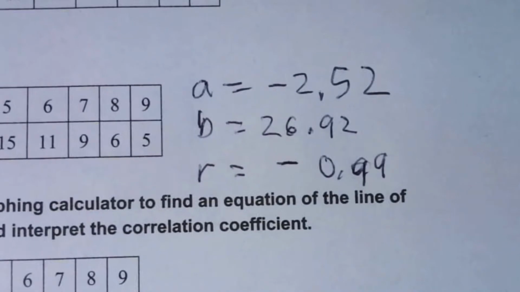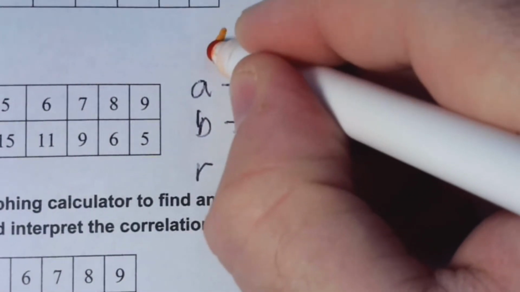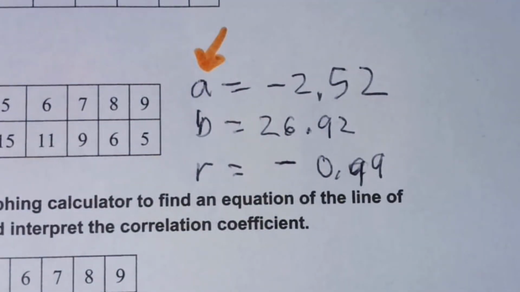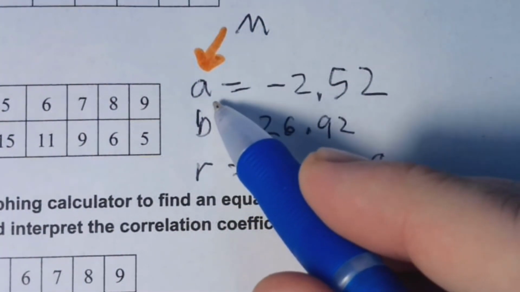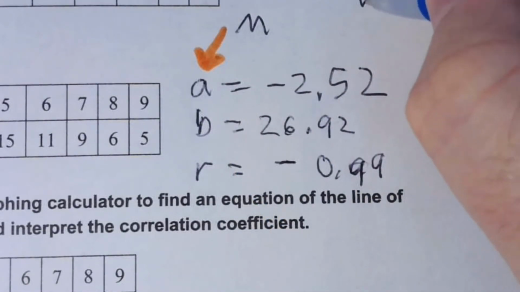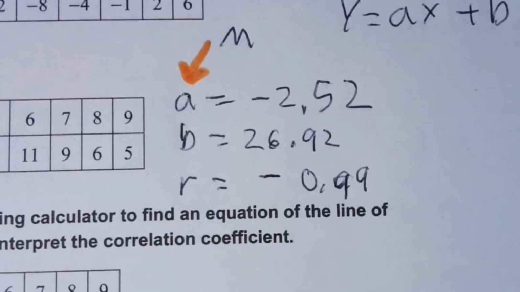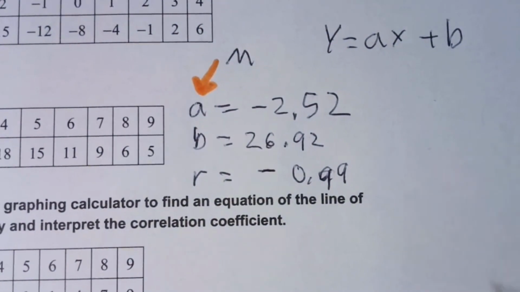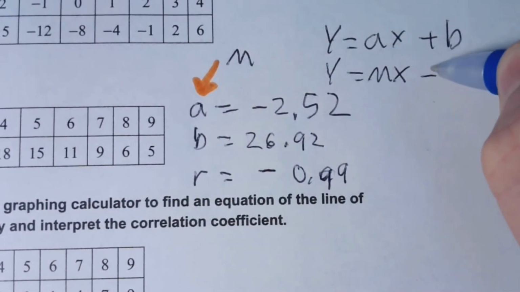So this guy right here, in algebra, we don't call it A. In algebra, we would call this letter M instead. In statistics, a lot of times they use A instead of M. Okay?